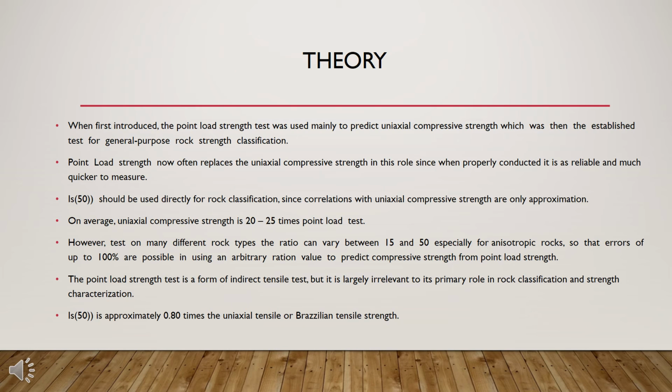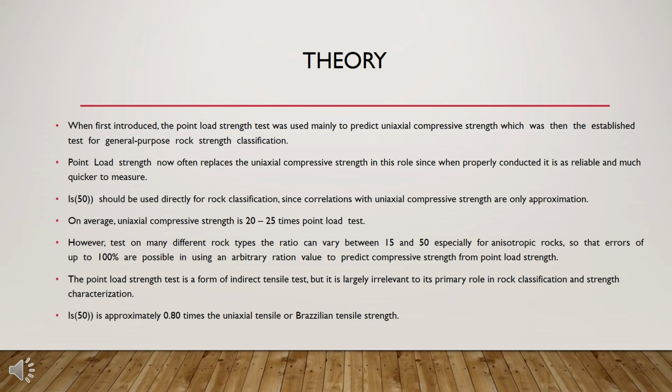On average, unconfined compressive strength is 20 to 25 times the point load index. However, in tests on many different rock types, the ratio can vary between 15 and 50, especially for anisotropic rocks, so that errors of up to 100% are possible in using an arbitrary ratio value to predict compressive strength from point load strength.